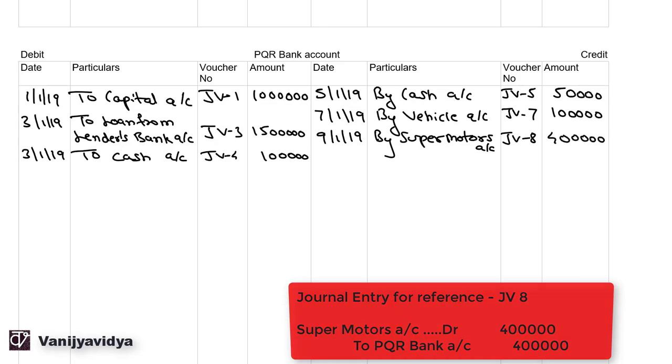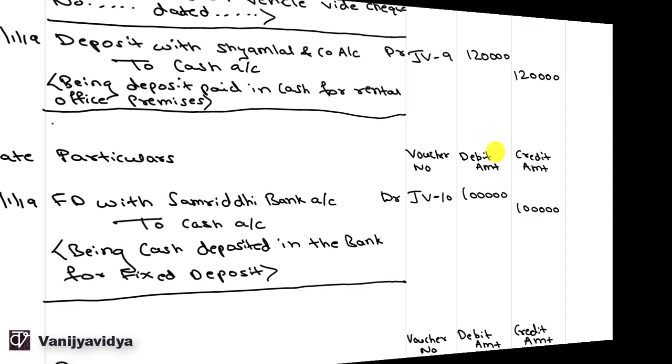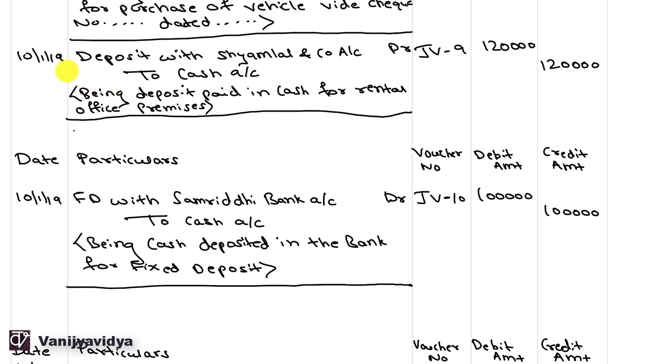Now let's move on to the next journal entry. 10 Jan 2019, deposit with Shamlal and Company account 1,20,000 to cash account 1,20,000, JV9. So one impact will be on the debit side of deposit with Shamlal and Company account. The other one will be on the credit side of a cash account.